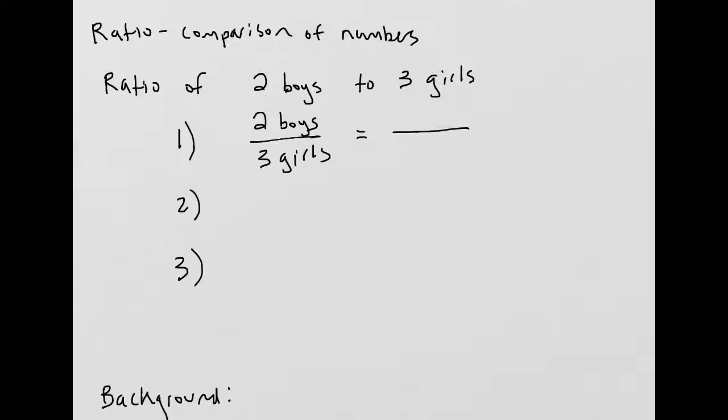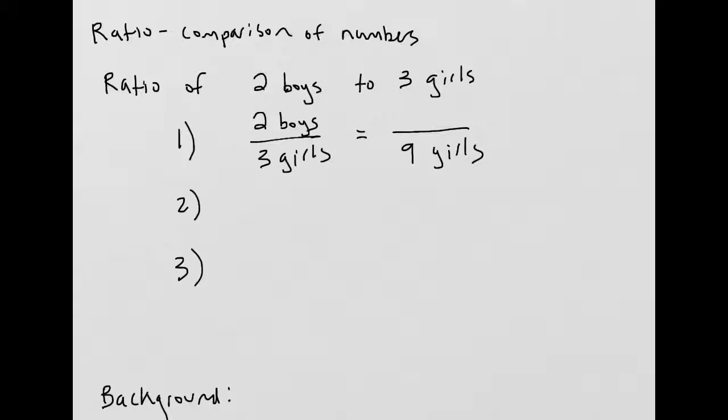Imagine, for example, that I don't have 3 girls. Imagine I have 9 girls. Well, that's fine. It's just that the number of boys I have then is determined, because when I write the ratio of boys to girls as a fraction, it has to come out as 2 to 3, or 2 over 3.